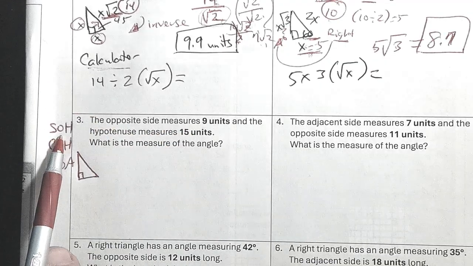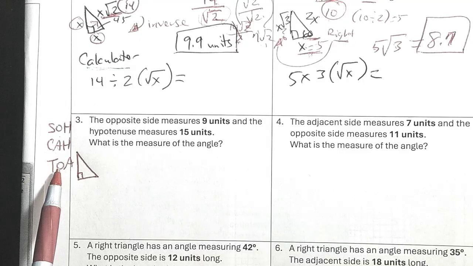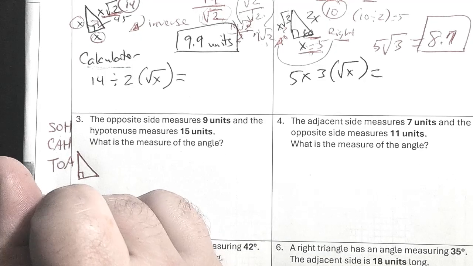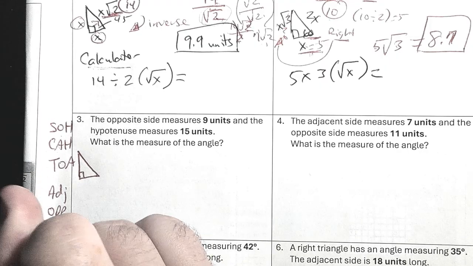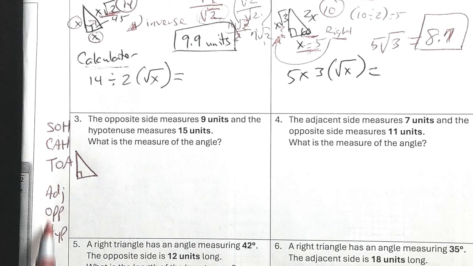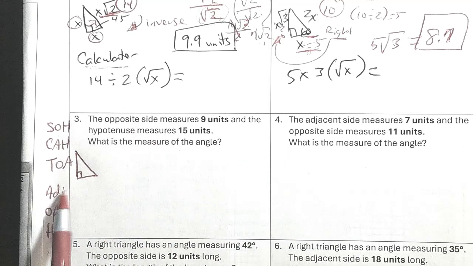So sine equals opposite over hypotenuse, cosine is adjacent over hypotenuse, and tangent is opposite over adjacent. So you're either talking adjacent, opposite, or hypotenuse. These problems all mention two of them. So whichever one is not mentioned is the one we can cross out, and we'll look here to see.